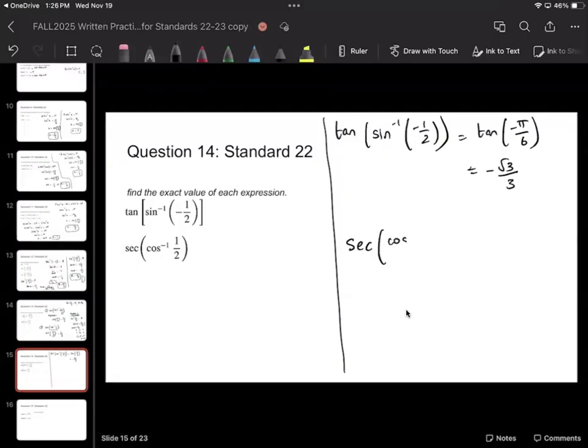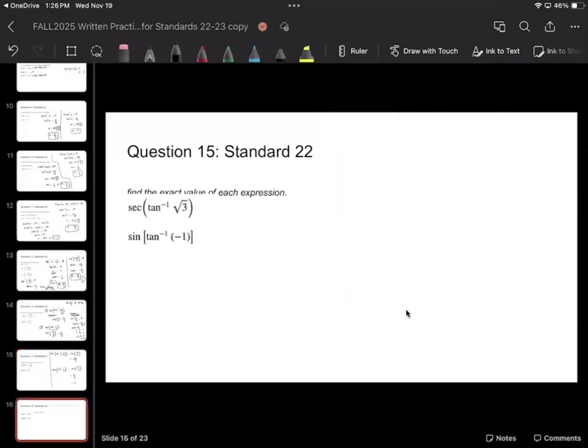Secant of cosine inverse of 1/2. Cosine inverse of 1/2 is pi over 3. Secant pi over 3 is 1 over cosine pi over 3, which is 1 over 1/2, and that is 2. Okay, secant of tan inverse of root 3. Tan inverse of root 3, what is the corresponding angle?